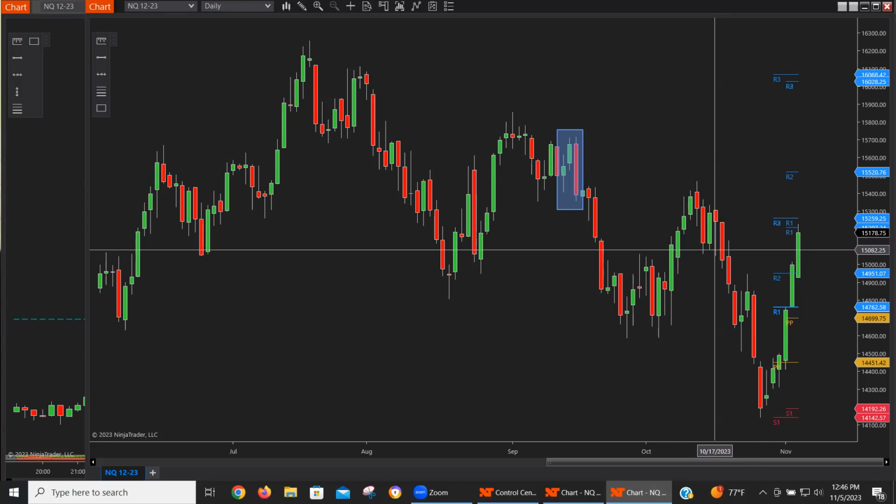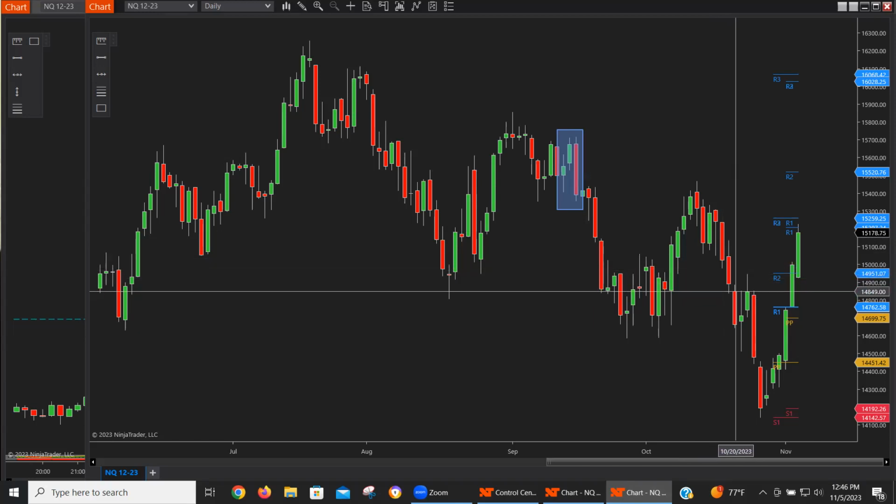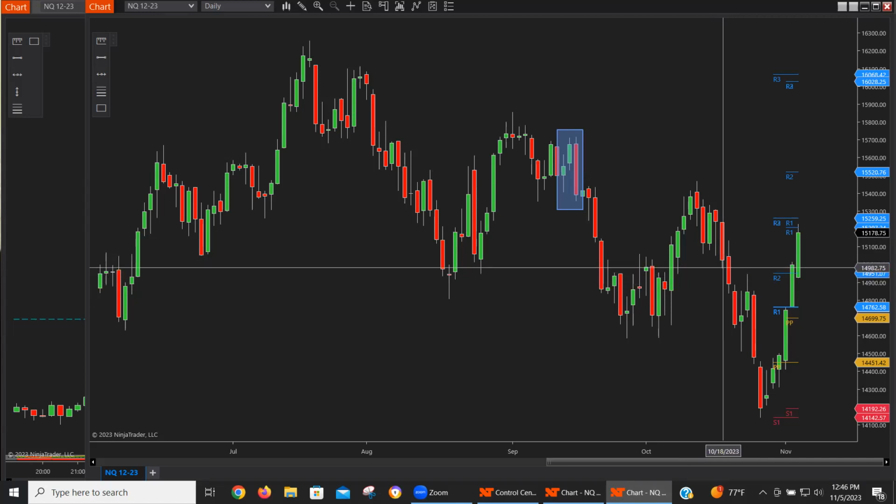See the wick here versus the wick. The low of this candle went inside of the previous candle here. Looking at three candles. Then between this candle and this candle, this came down here, but this candle did not touch that candle. That is inefficient.